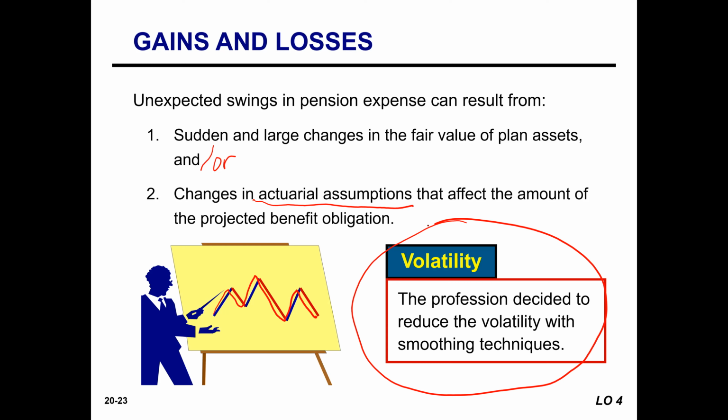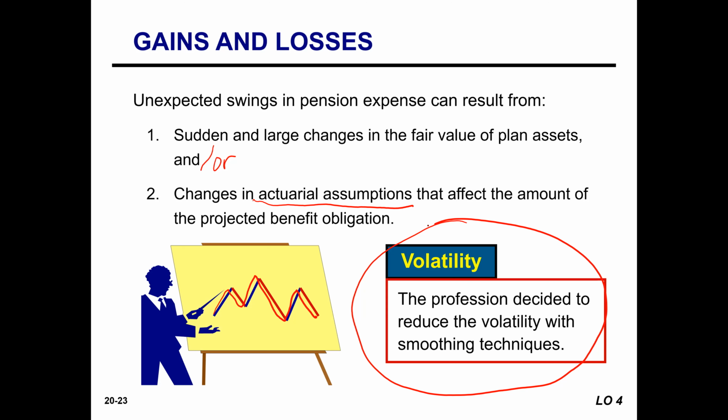Basically, we can smooth by determining what the expected return would be, by amortizing the accumulated gain or loss, or by spreading the excess over the remaining service life of the existing employees.